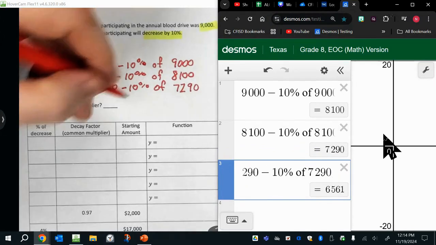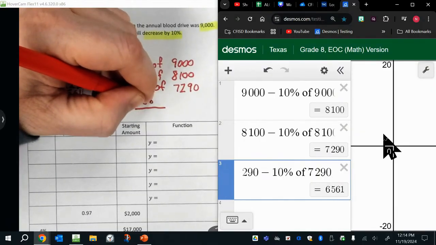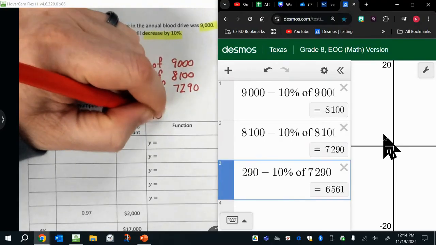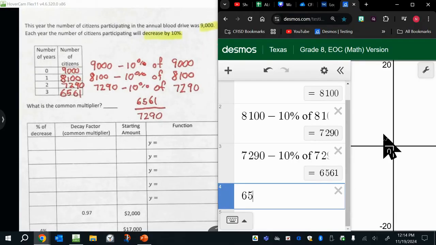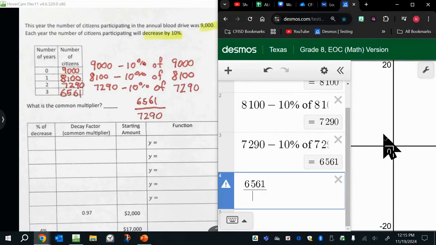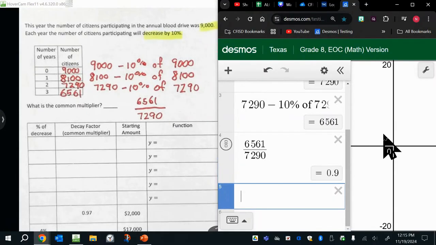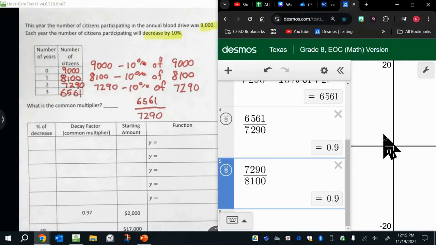So, what is my multiplier? Well, let's do this. Take 6561 and divide it by the number above it, 7,290. So, 6561 divided by 7290, that's 0.9. And I bet you if I take 7290 and divide it by 8,100, that also gives me 0.9.